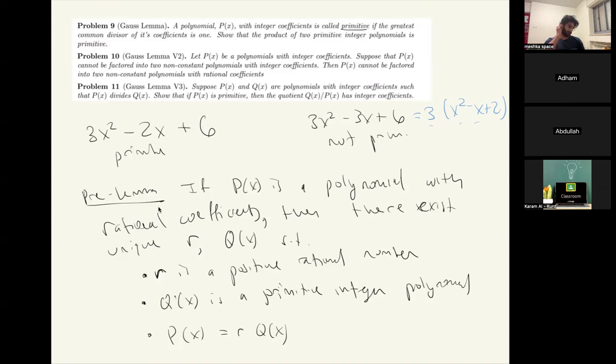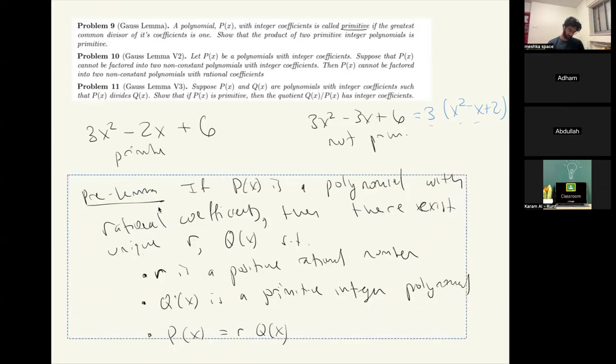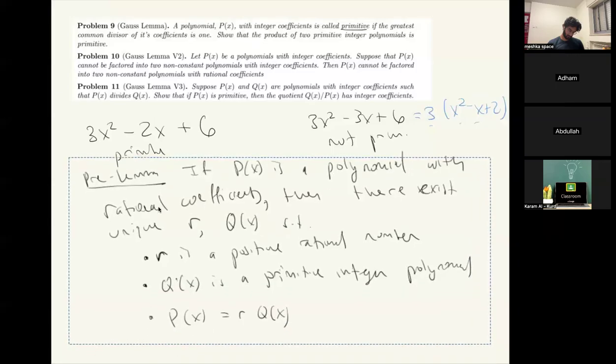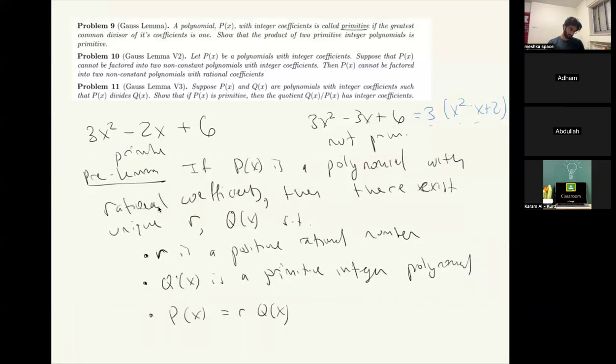Yeah, okay. For example, if I had 1/3 x squared plus 2, this is 1/3 times x squared plus 6. So the 1/3 is the R, and x squared plus 6 is the primitive polynomial.